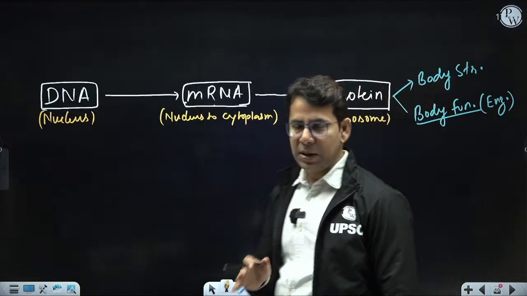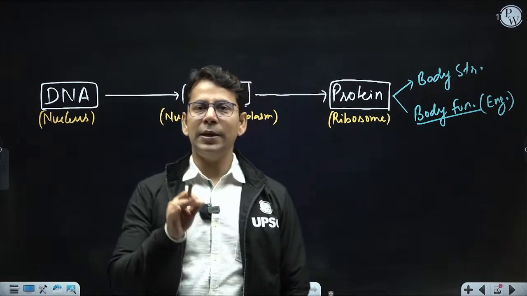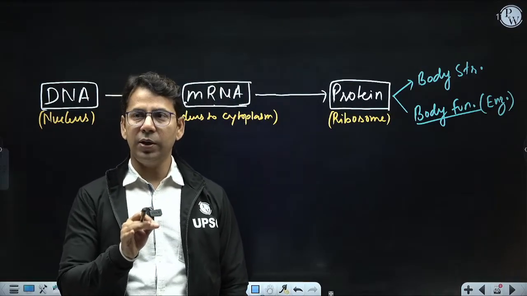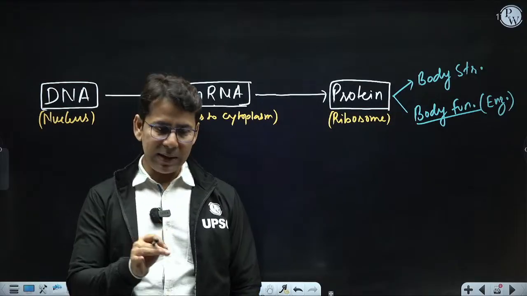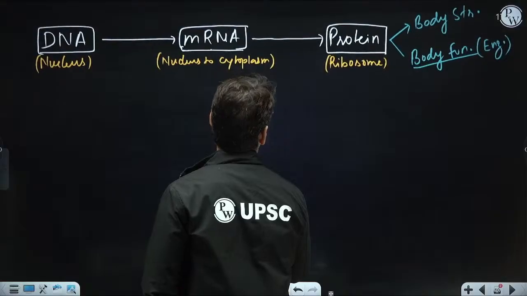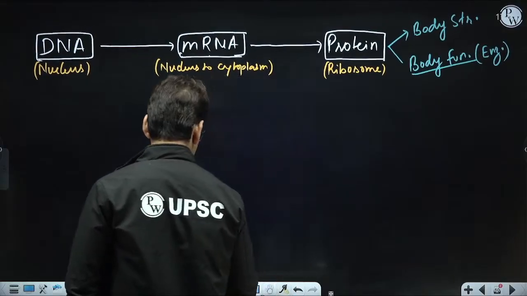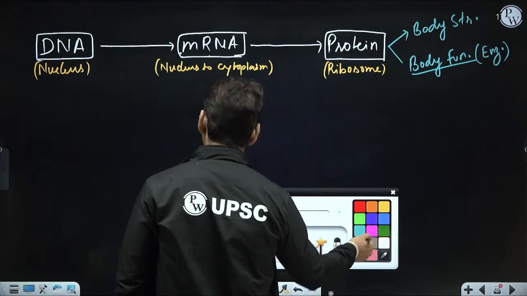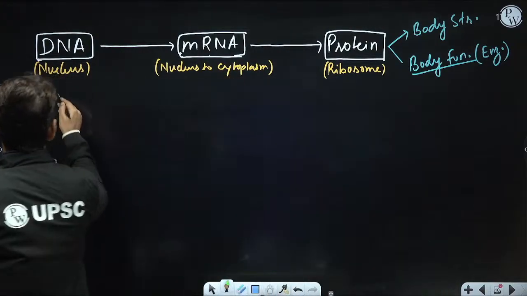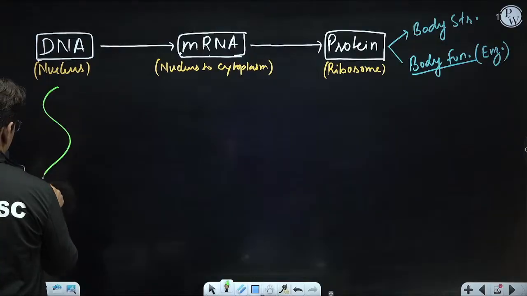It simply means one thing, that DNA has some information written onto it. How is this information written? You might have understood by this, you must be knowing about it. The DNA is like a double helix structure.